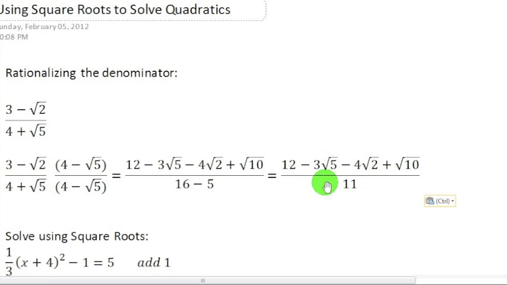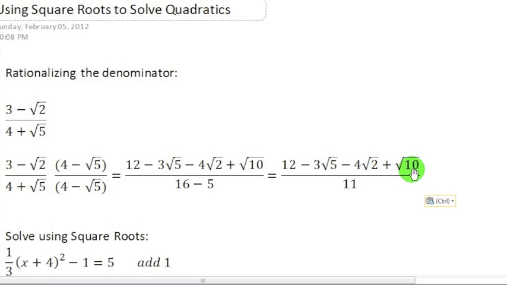And you notice on the top that I didn't simplify anything. That's one of the reasons I picked this particular problem. We have negative 3 square root of 5 minus 4 square root of 2 minus the square root of 10. Every single radical is different. The number under the radical is different.